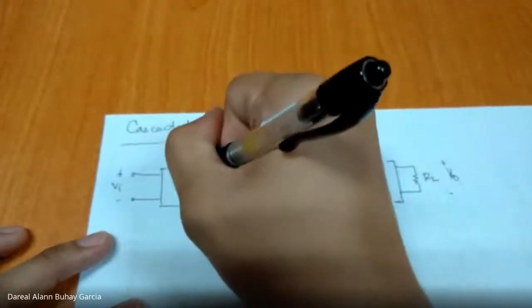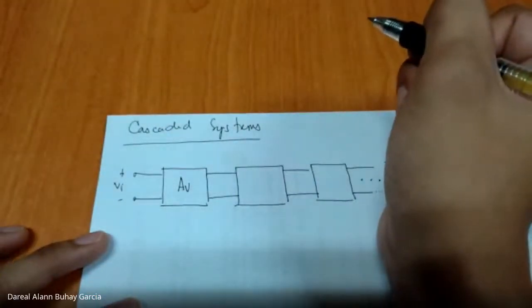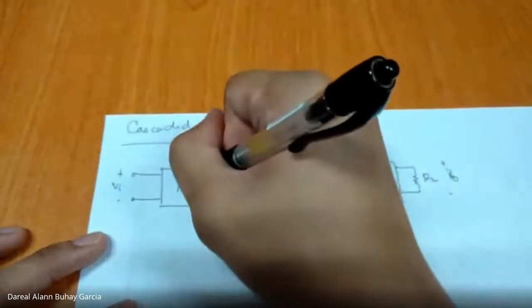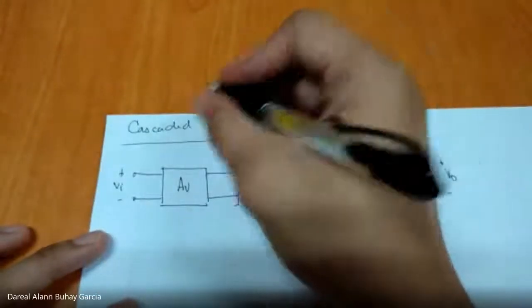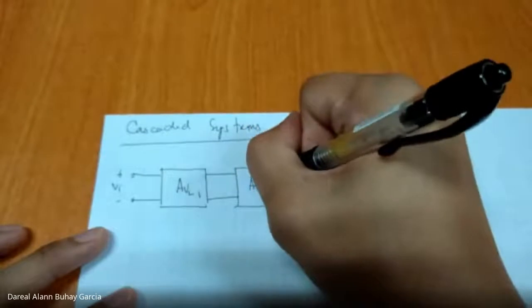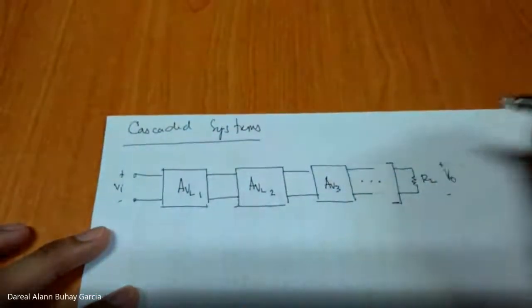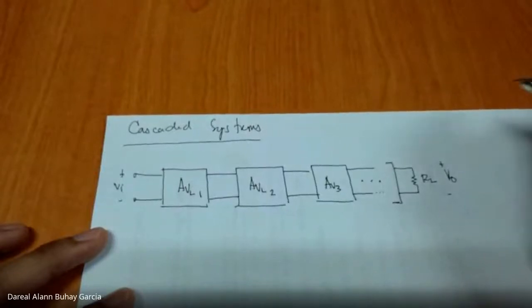So this is AVL1, AVL2, AVL3, so on and so forth.